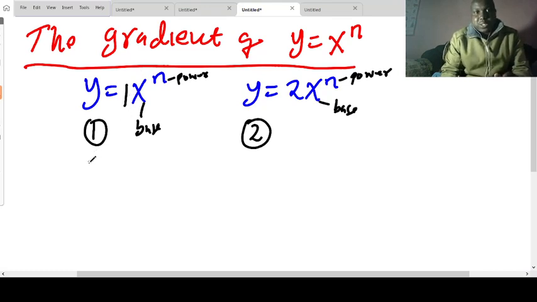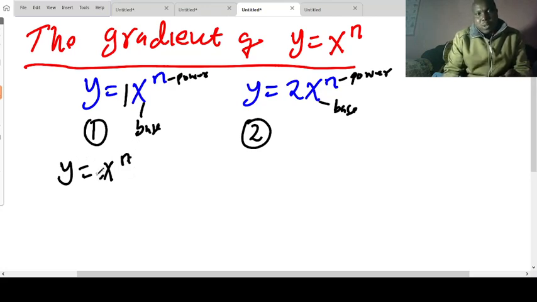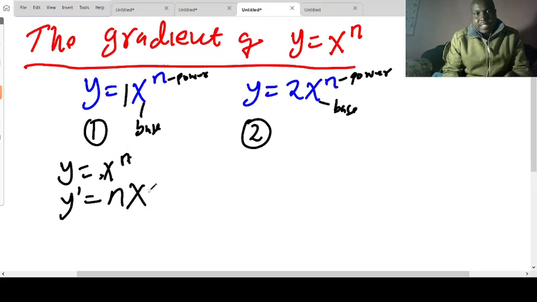I want to start with case 1 here. So y is equal to x raised to power n. This is the power n. I will multiply the power with the coefficient. The coefficient here is 1. So 1 times n will be n, and then x raised to the power n minus 1.